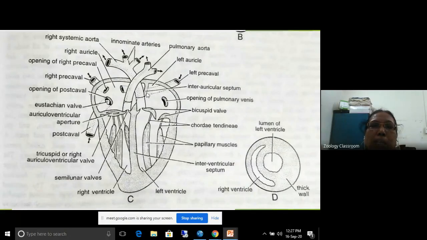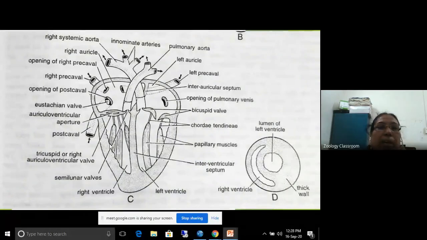Due to this partition, there is pure blood on one side and impure blood on the other side, and there is no mixing of blood. In the embryonic condition there is a hole between them, called the fossa ovalis, but only a depression remains in the adult condition.